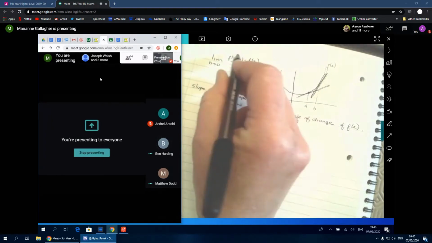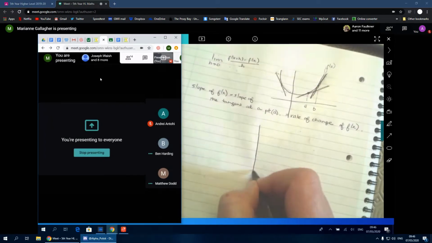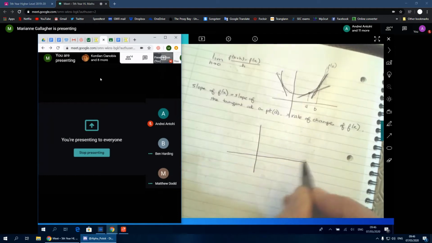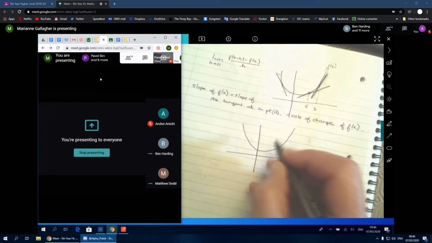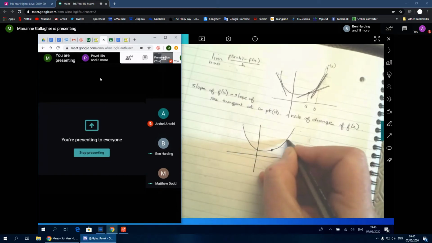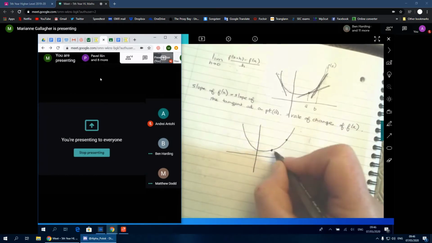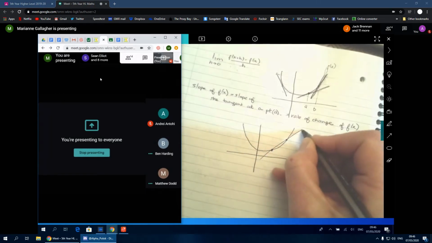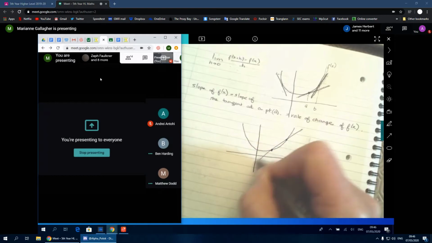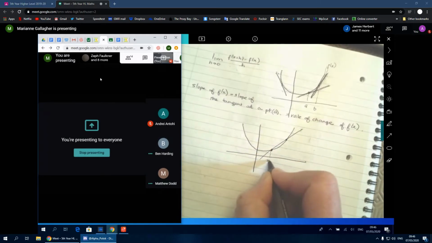So let's see where this little function comes in. It's basically using limits and approximations. So if I have my curve, and I want to get the rate of change. Say, for instance, I don't have the tangent, I just have this line here. So we'll call this point x, and this would be f of x.